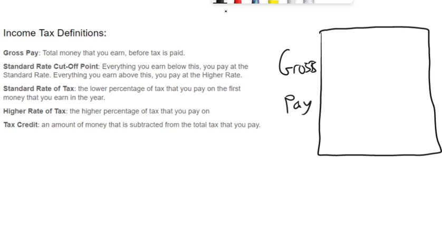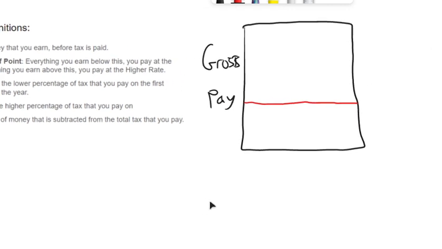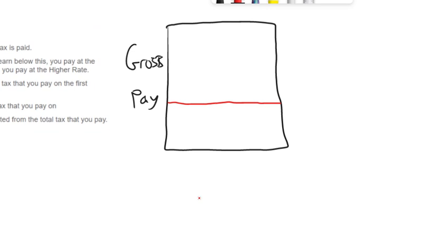But then obviously you need to pay tax on that to the government. So this standard rate cutoff point, what that means is everything that you earn up to the standard rate cutoff point, you're going to pay at a lower rate of tax.